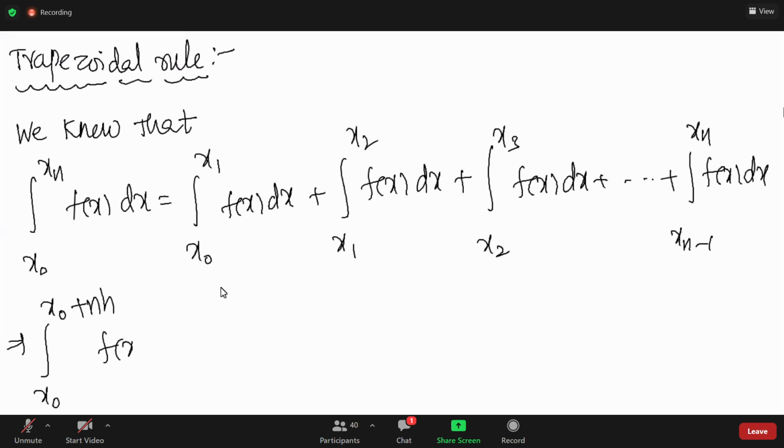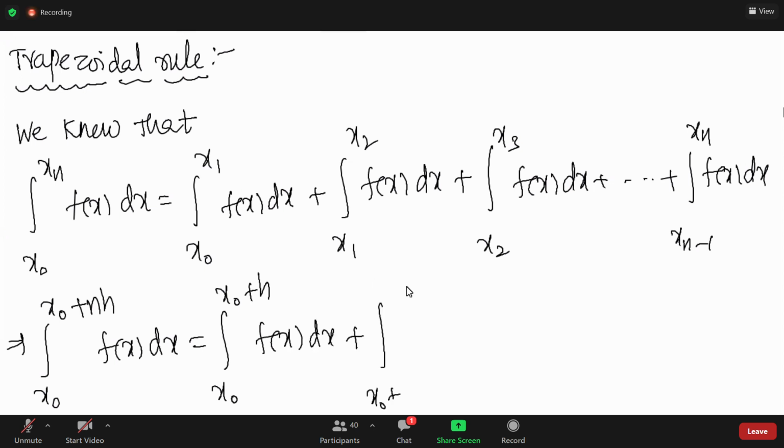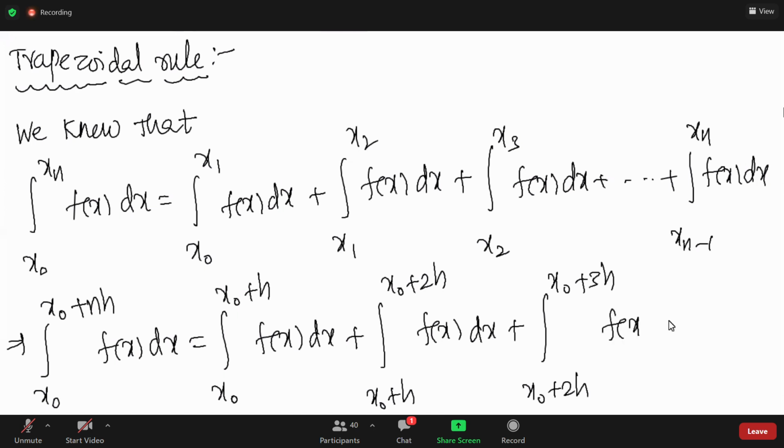is equal to integration from x0 to, what is x1? x0 plus h f of x dx plus integration from x0 plus h to x0 plus 2h f of x dx plus integration from x0 plus 2h to x0 plus 3h f of x dx, and so on.